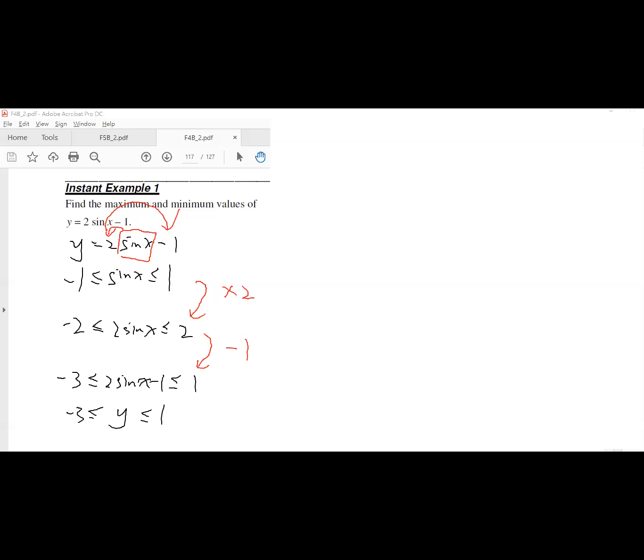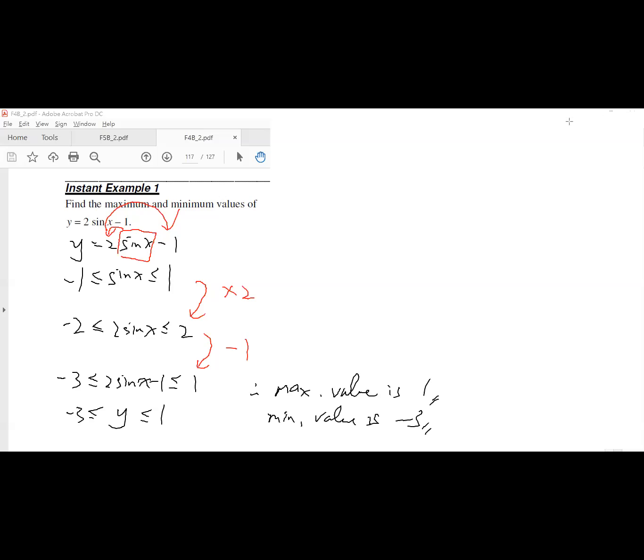And then the largest value will be the maximum value. Therefore, the maximum value is 1. Okay? And the minimum value is -3. So that is the answer.